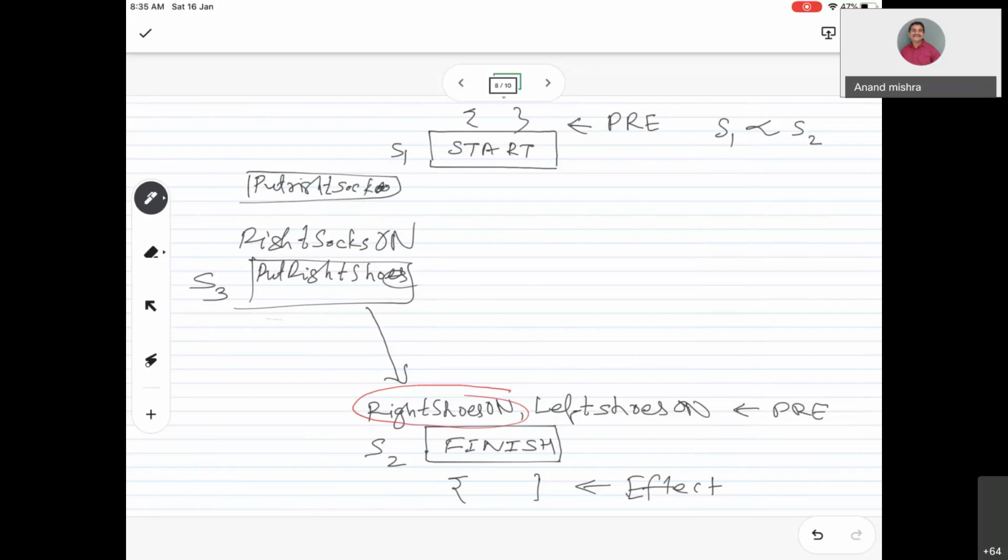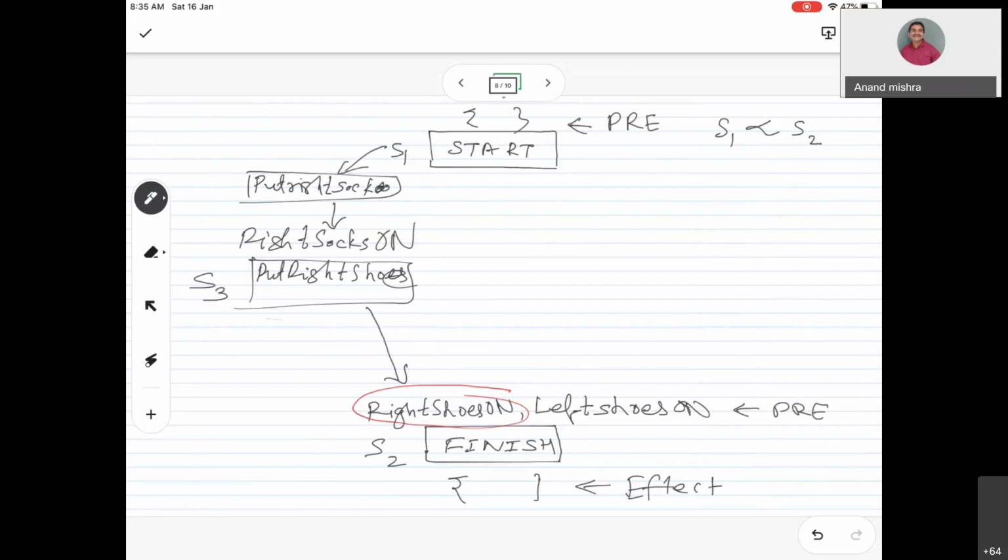So that's the operation put right sock, and that is being satisfied, and then there will be a causal link between these two. Now put right sock, there is no precondition, right? So we are assuming that this is the initial thing. So then we can have this link there.